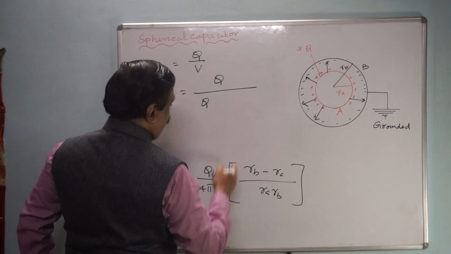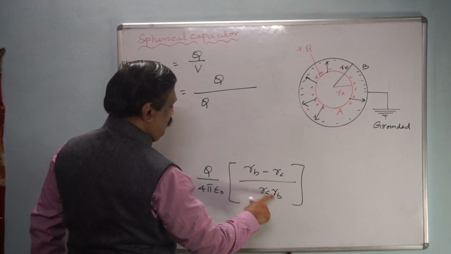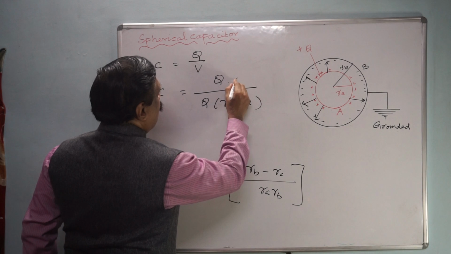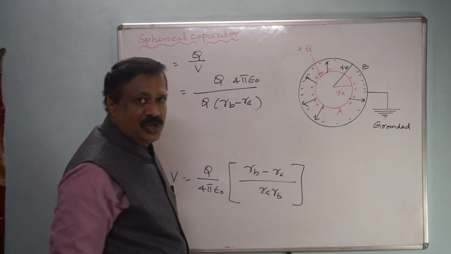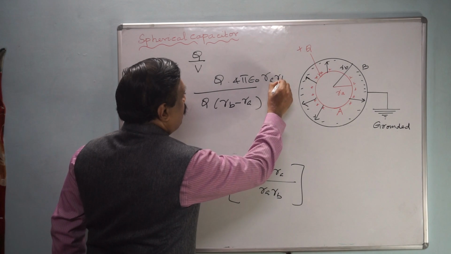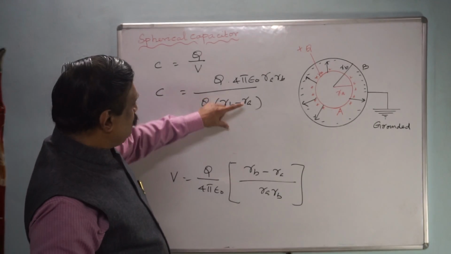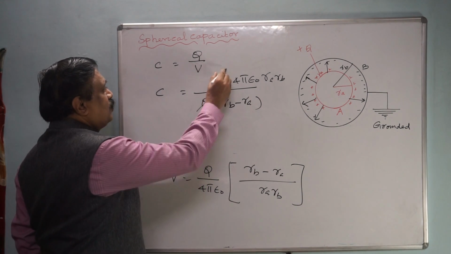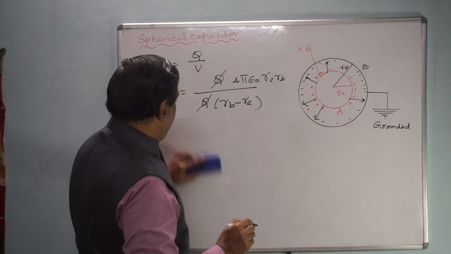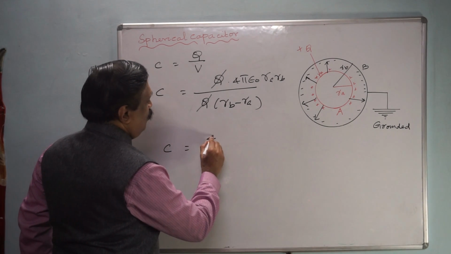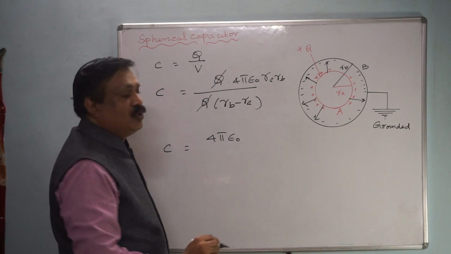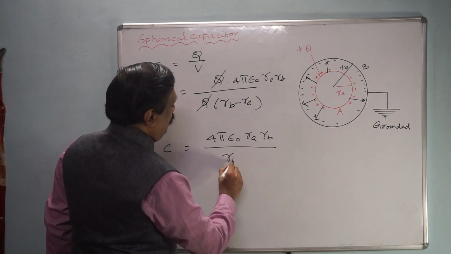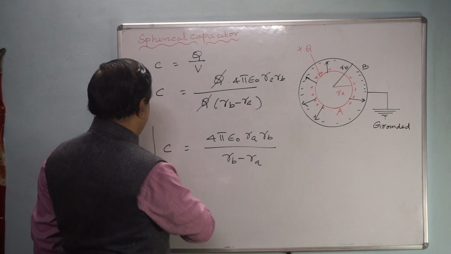Q times 4 pi epsilon 0 goes to the numerator and this will be the denominator, that is, RB minus RA times 4 pi epsilon 0 RA RB. Understand? This will be in the denominator and this will go to the numerator. Now Q gets cancelled. Therefore, what do you get? C equals 4 pi epsilon 0 RA RB divided by RB minus RA.